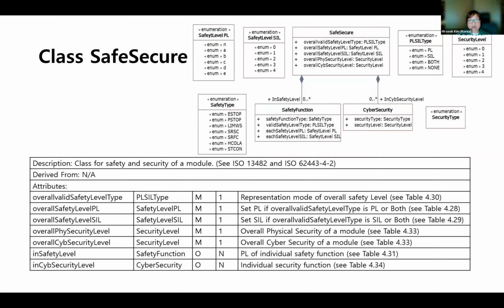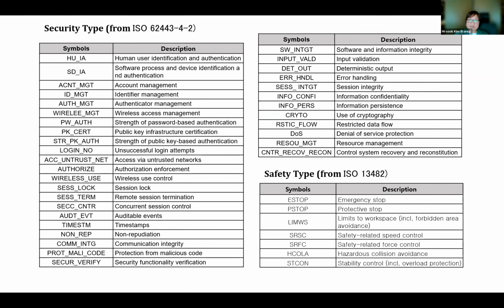However, these types come from other standards, ISO 13482 and ISO 62443, where they are already defined. So these types should be represented in the information model of a module.